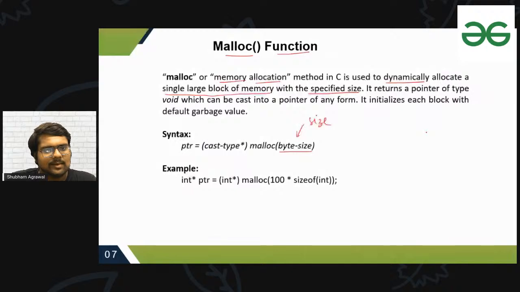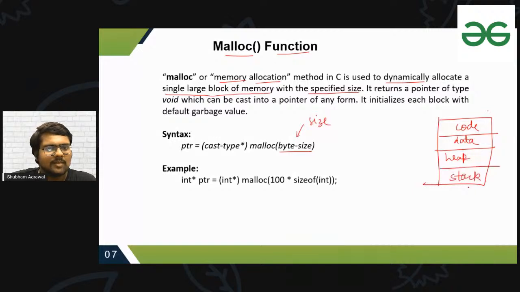We have four sections in our program: first is code, then the data segment, then heap, and then stack. In the stack, function calls and their local variables are present, and in the heap, dynamically allocated variables will be present.